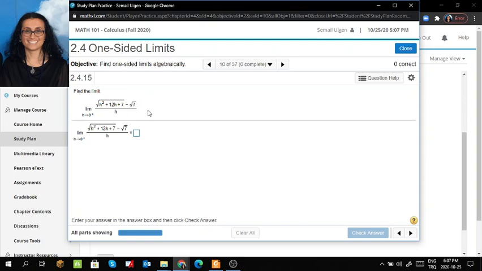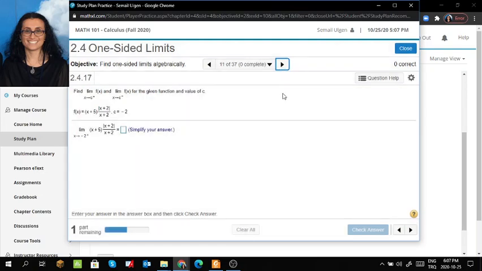So you're going to multiply numerator and denominator with that, and you will see that the numerator becomes simplified. So you are rationalizing the numerator, and that way you are getting rid of the 0 over 0 situation, and it should help you to get the answer. So I'm going to move to the next one. I'm not going to do that because we did it in the class.